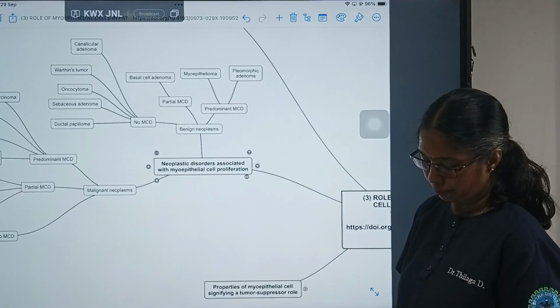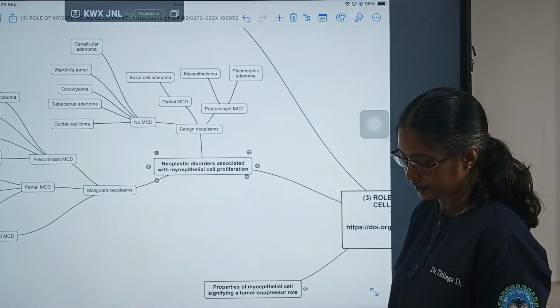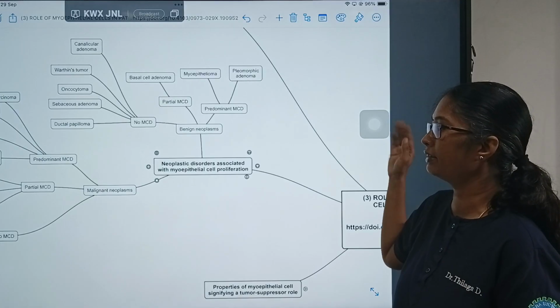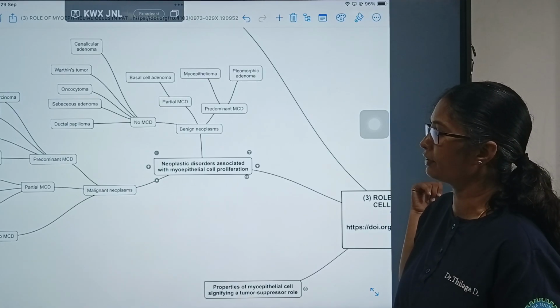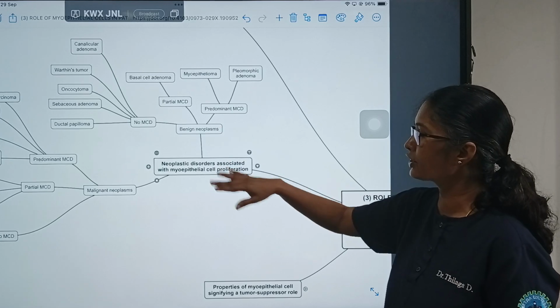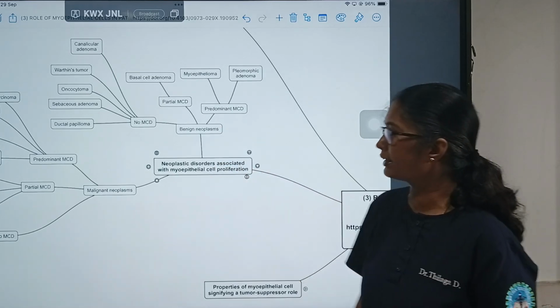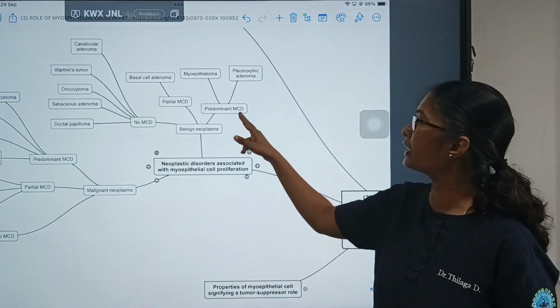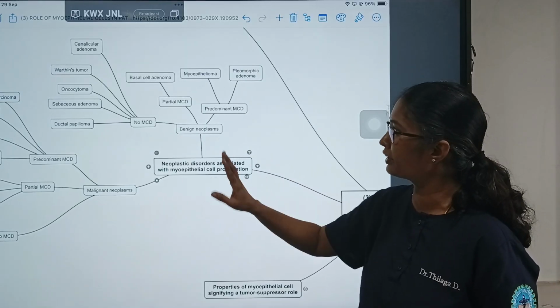Now, what are the neoplastic disorders associated with myoepithelial cell proliferation? Already we have seen the different types of cells which cause the classification, and here it is only the myoepithelial cell proliferation dependent classification, where we have both benign and malignant neoplasms, further classified from myoepithelial cell differentiation to no differentiation.